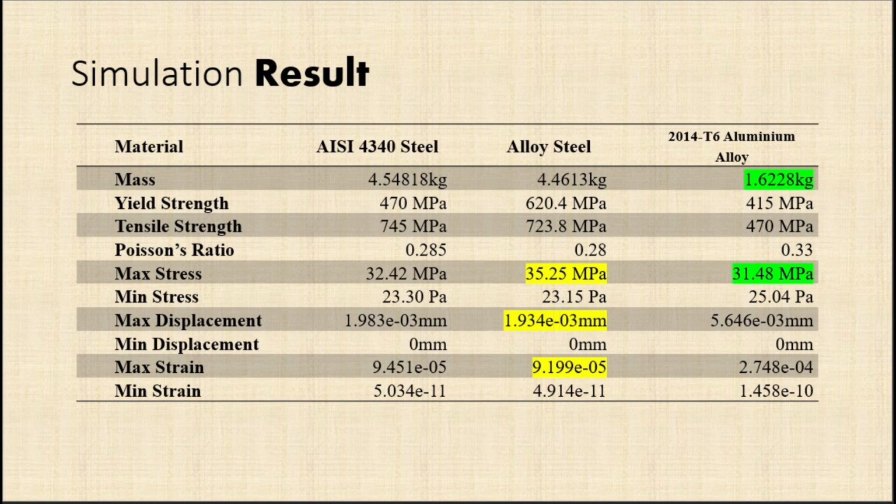The alloy steel has the highest maximum stress and lowest maximum displacement and lowest maximum strain. These data show that the alloy steel faced the highest stress, but it can still retain its shape. However, aluminum alloy has the lowest stress, but its shape changes the most when comparing these 3 materials. The AISI 4340 steel falls between alloy steel and aluminum alloy.